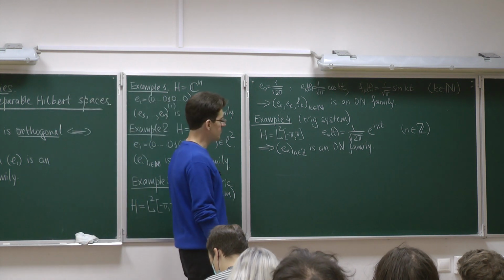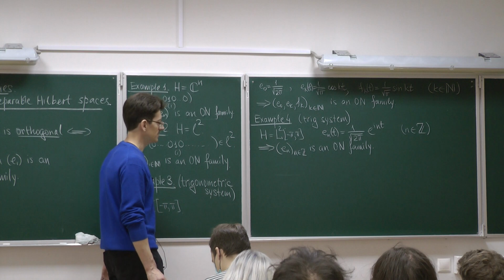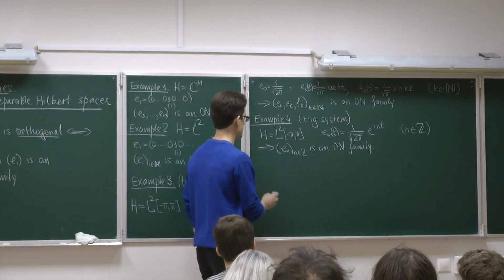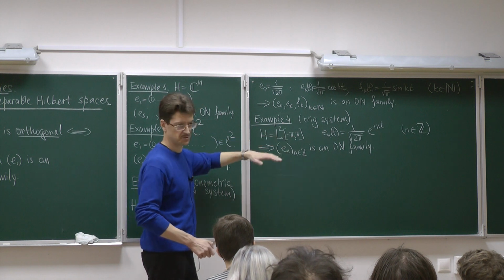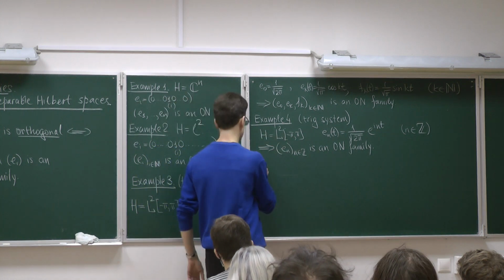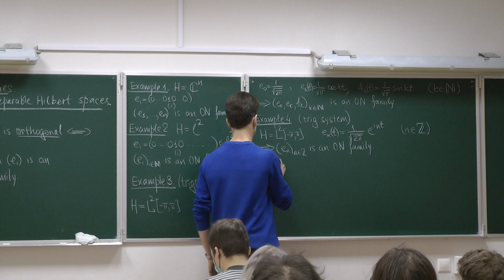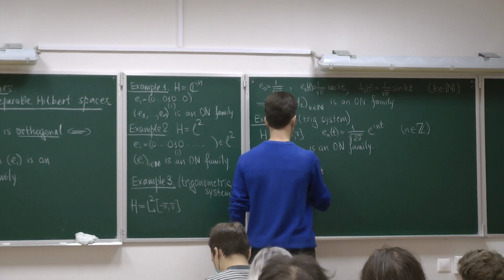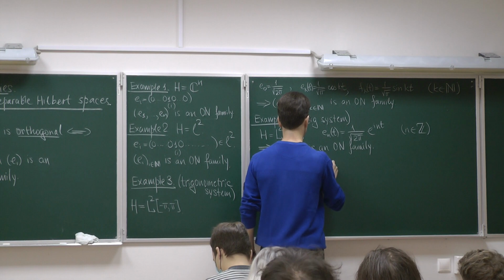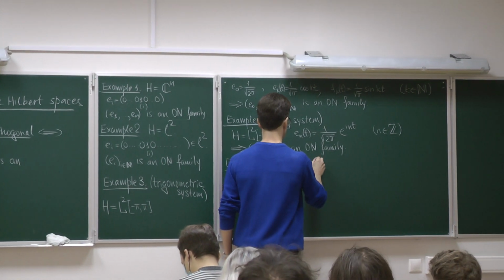And perhaps the most elegant way to write the trigonometric system is to move from the interval to the circle. And this is our example 5. Example 5, again, the trigonometric system, but this time on the circle.